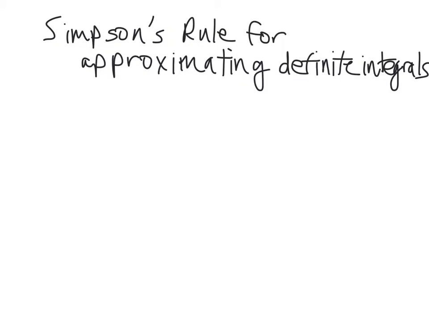Well, today we're going to look at what's called Simpson's rule for approximating definite integrals, and we'll develop where it comes from and then see how to use it. It's very similar to the trapezoid rule that you watched the previous video on with the Think Well material.